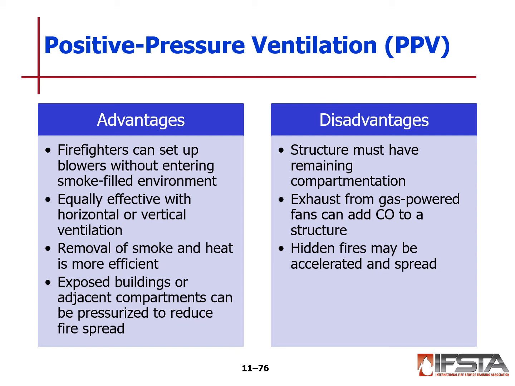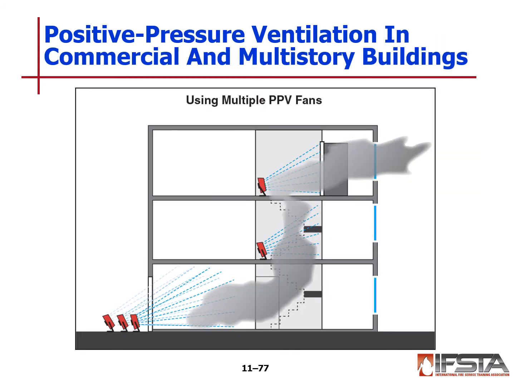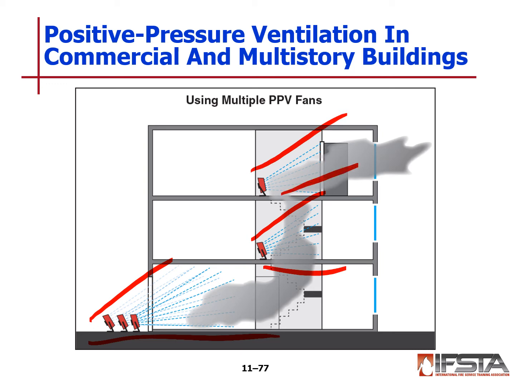Some disadvantages to it: the structure must have remaining compartmentation. Exhaust from your gas-powered fans can add carbon monoxide to a structure, and hidden fires may be accelerated and spread. With PPV in commercial and multi-story buildings, we can use multiple fans and we can tandem fans at the bottom, and you notice that we're getting the cone each time.